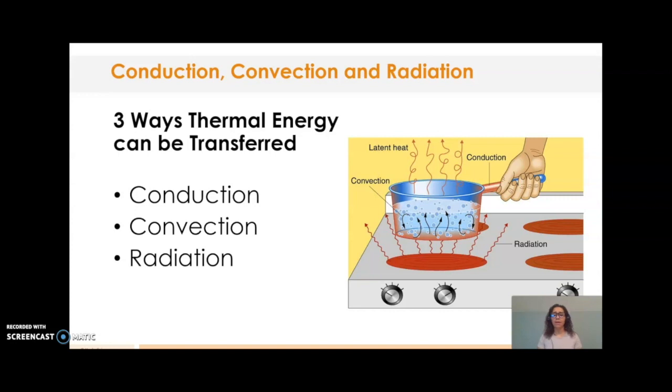So if we look at conduction and convection, you guys can see in this photo that in order for conduction to happen, that person has to be touching the metal handle. So let's look at conduction and radiation. That radiation is able to get to the pan through that empty space through particles.